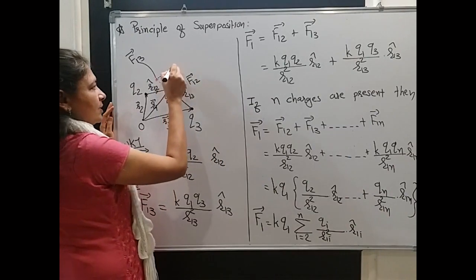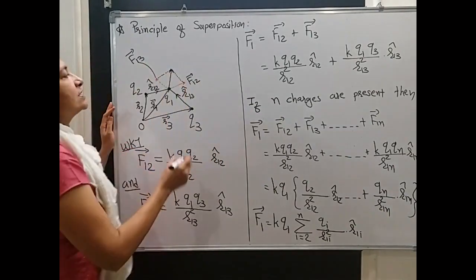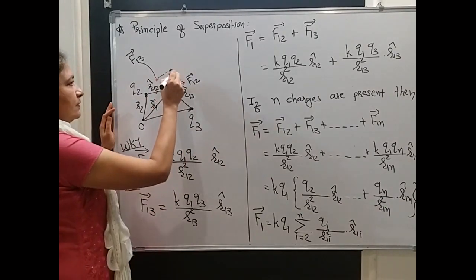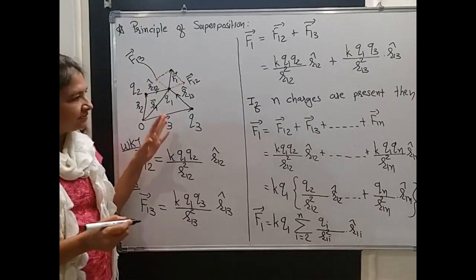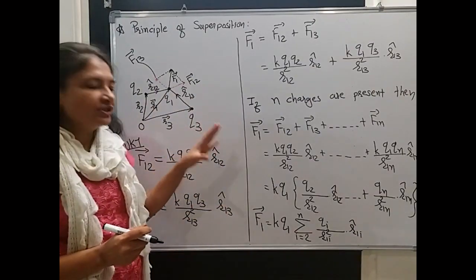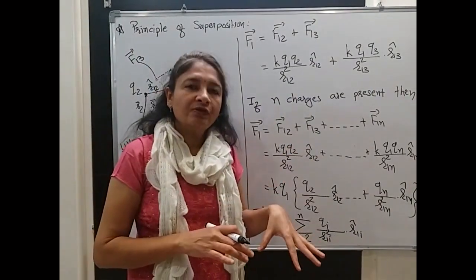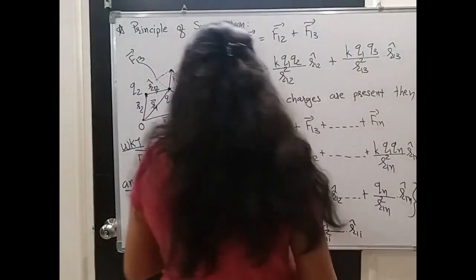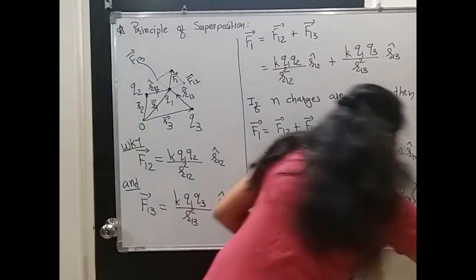The diagonal from the common point gives you the resultant F. So this will be my F1. In this way you can find the resultant force acting on a charge when more than one force is acting. Now just one another piece of information.